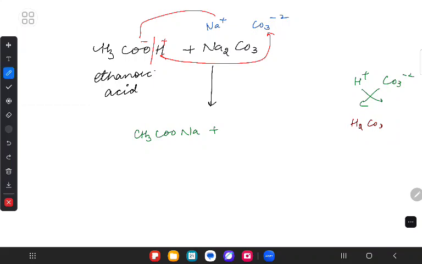Got the point? So, we're going to have H2O plus CO2.